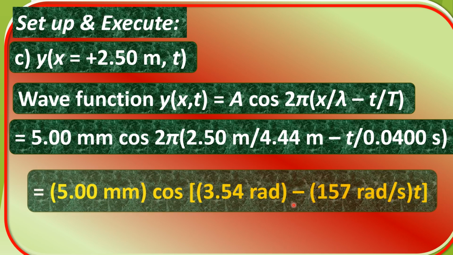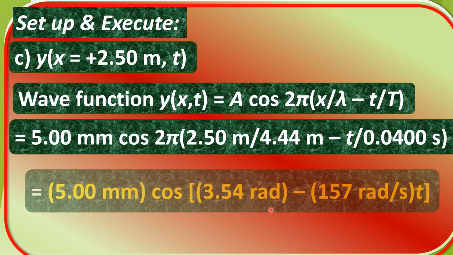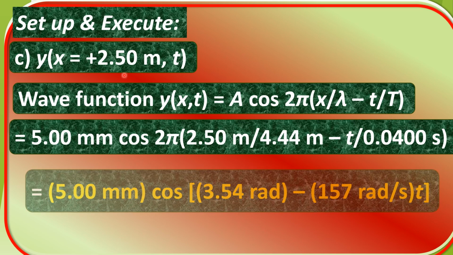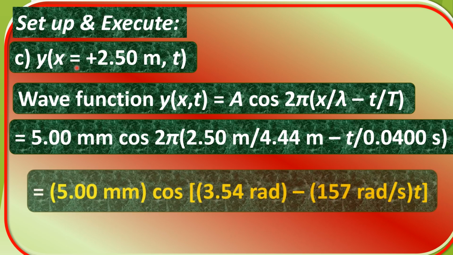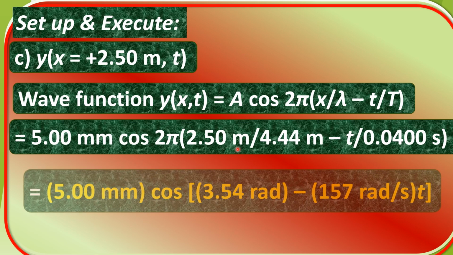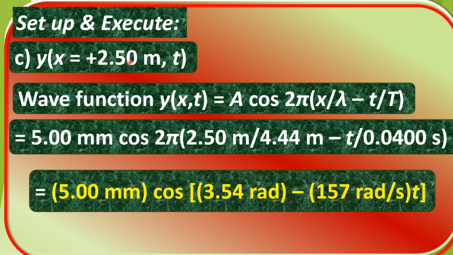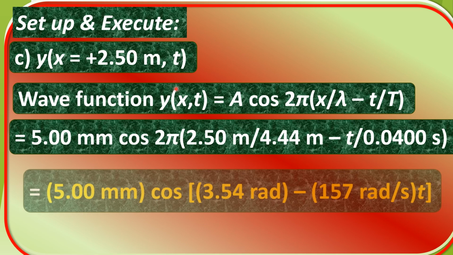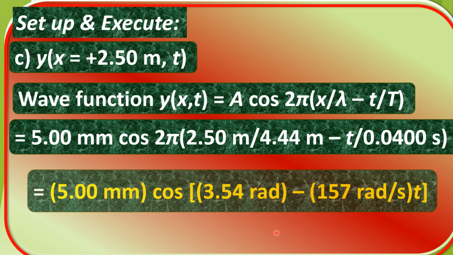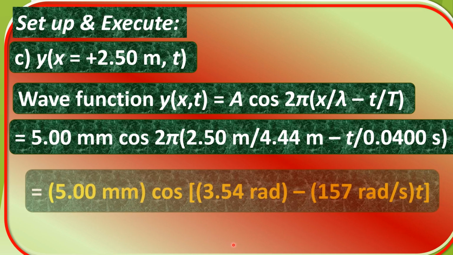This is the equation of the wave function for x equals positive 2.50 meters. In other words, for a particle that is 2.50 meters away from the first particle, x equals 0.